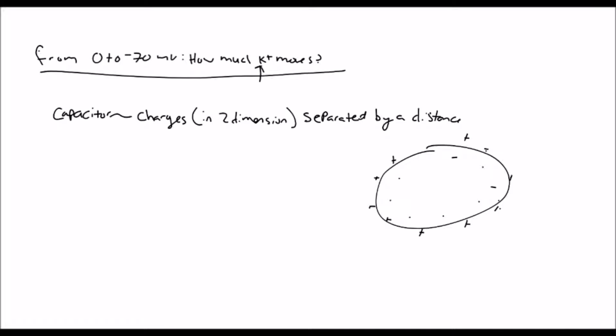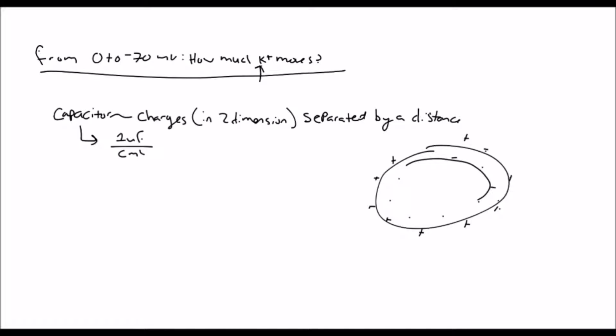And this is a capacitor. So the membrane capacitance is roughly 1 microfarad per centimeter squared. So in order to see how many potassium ions have to move, we need to figure out what the surface area of a cell is, and we need to figure out how to relate capacitance to voltage.